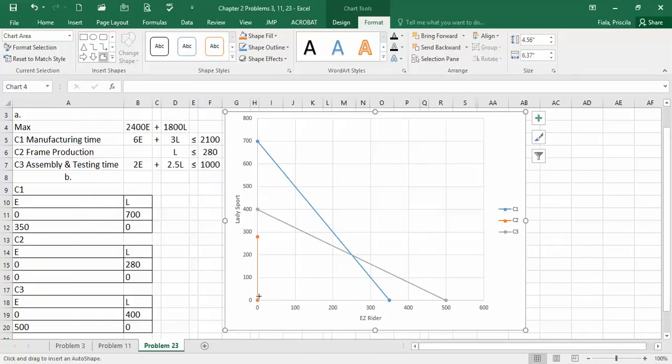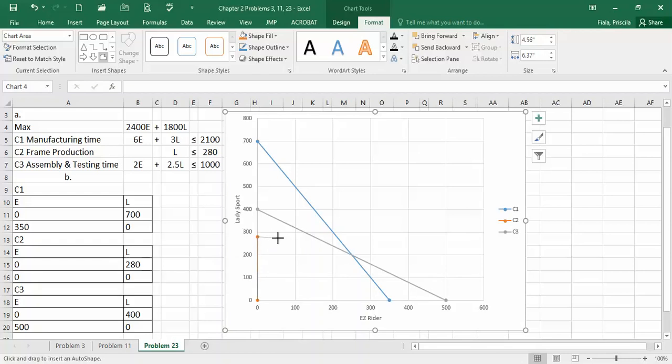Oh, here we go. You have to see the cross. If you don't see this little cross, that means it didn't work. Just click the right button on the 0, 0 point. See where it says 0, 0? Then drag it all the way over here. This is your maximum over here to be on your feasible region. If you go higher than that, it's not valid because you're passing that point.